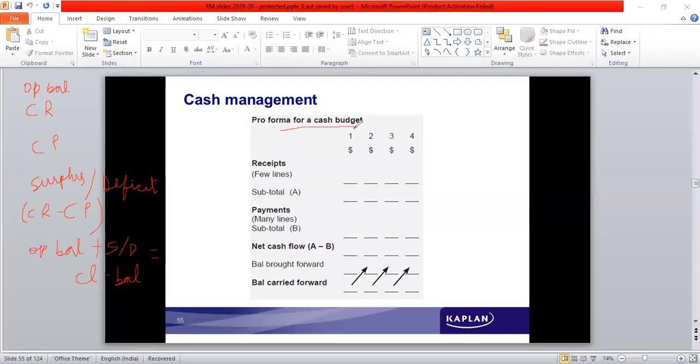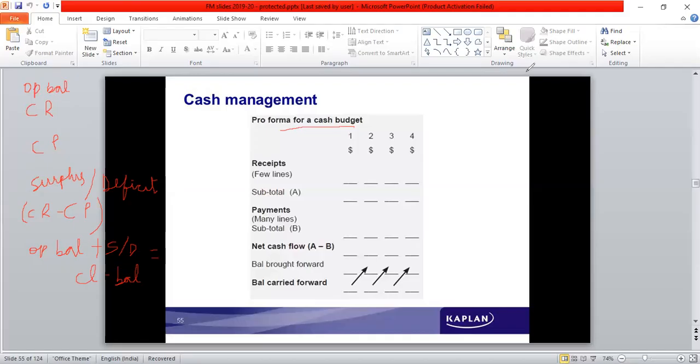If receipts are more than payments, then those surplus amounts are considered and added, and the opening balance is added to see whether they have a sufficient amount of cash. If they do not have, loans are raised or short-term sources of finance are raised, to meet the deficit situation, or they can also think about investing in some investment opportunities. So that's cash management.